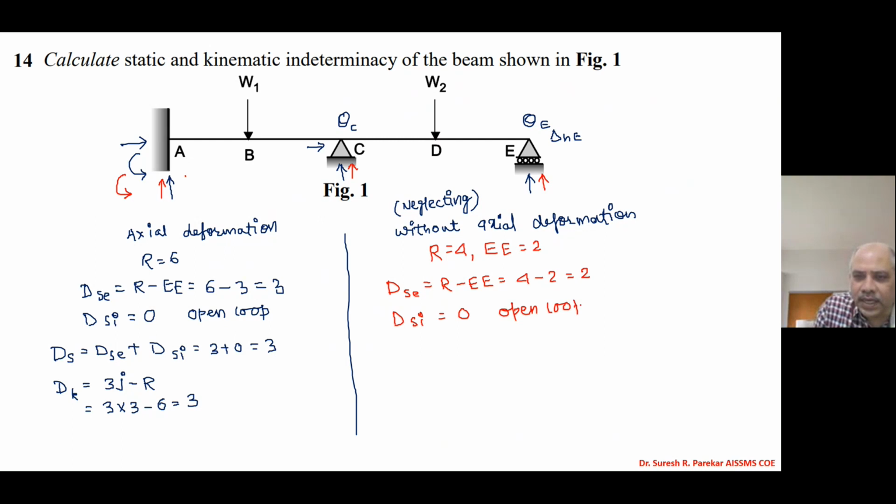Then DS equal to DSE plus DSI, that is 2 plus 0, equal to 2. Now dk in this we have theta c, this is 1, and then we have theta e. So we have dk equal to 2. So this is problem number 14.